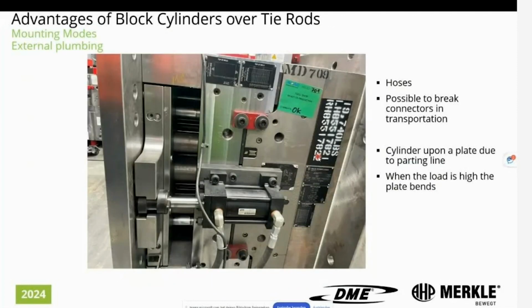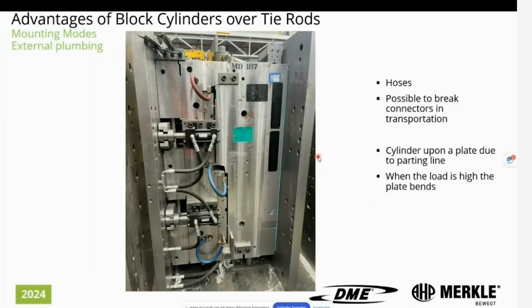So here I took the opportunity to get some more pictures of other tools where we can see the external plumbing. There is a lot of plumbing made that is also extra work, but in transportation, all this plumbing can also get damaged.